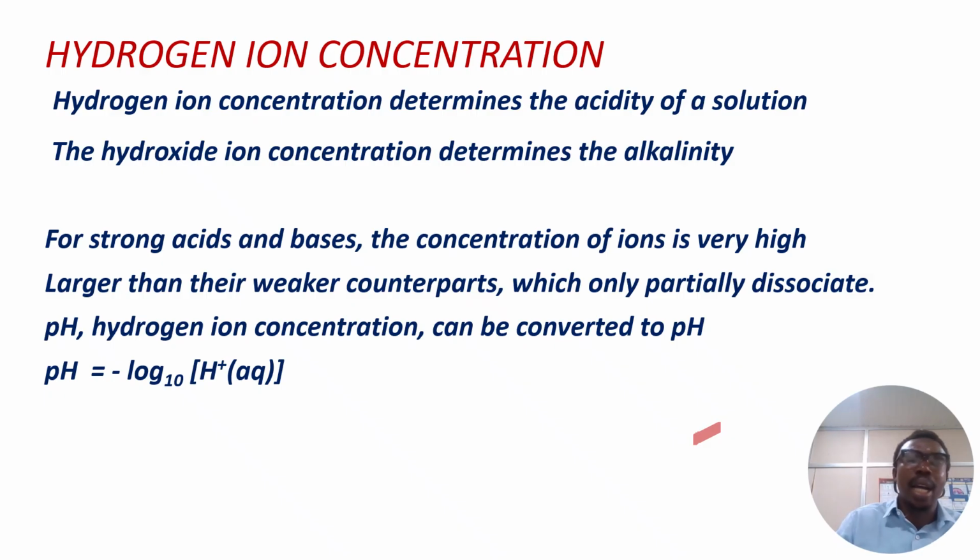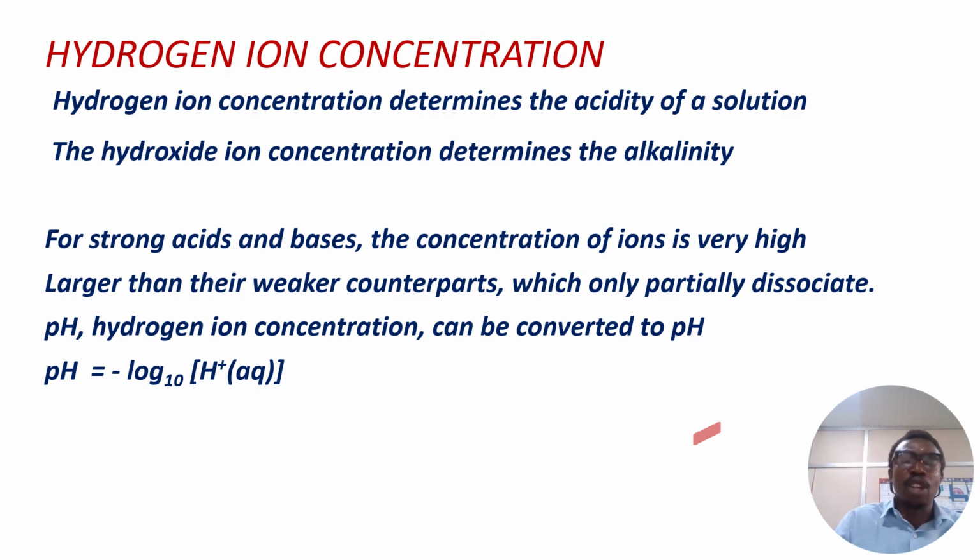So the hydrogen ion concentration can be converted to pH, which is the negative logarithm to base 10 of the hydrogen ion concentration. When you get the hydrogen ion concentration, you can get the pH.